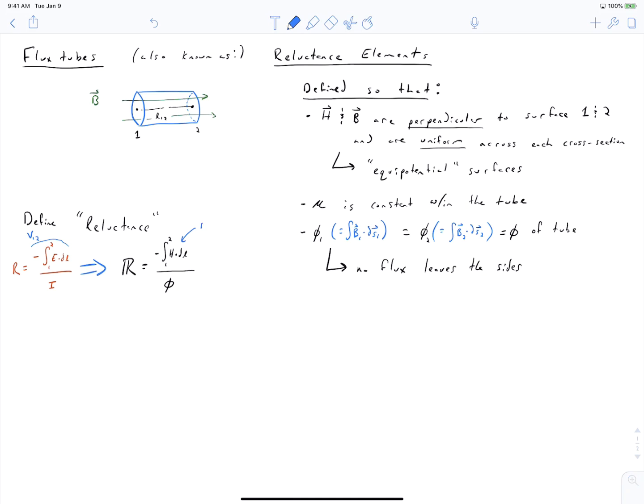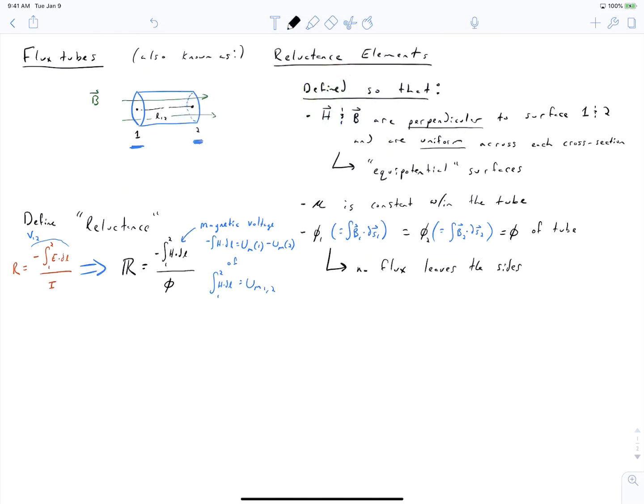If we talk about it over a closed loop, we call it an MMF, and we'll clarify that a little bit later in the video. So this is magnetic voltage, and we can say that the following is true. It's equal to the potential at surface 1 minus the potential at surface 2. Or we can equivalently say that the integral of H dot dl is our voltage drop from surface 1 to surface 2.